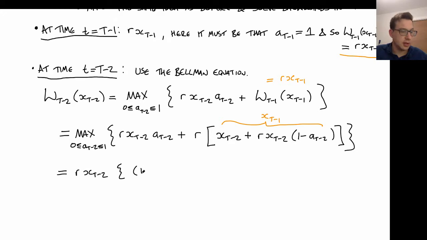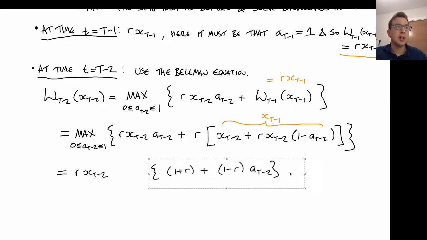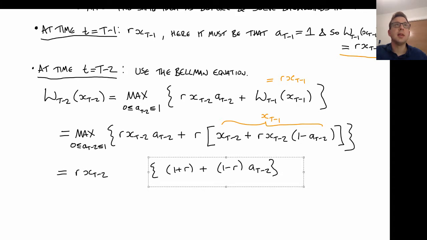I notice that there's a 1 plus r plus 1 minus r a of t minus 2. Let me move that over a little bit. I'm going to maximize that over the actions that I can take at time t minus 2.